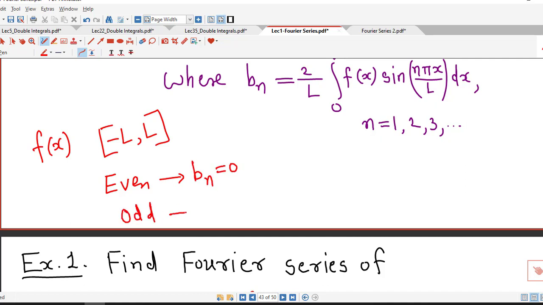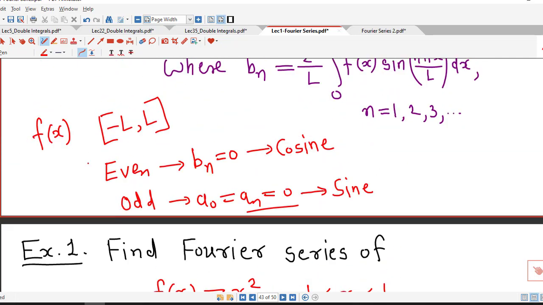If f(x) is odd, a0 and an are 0 for every n. So if f(x) is even, Fourier series will contain only cosine terms, and if f(x) is odd, Fourier series will contain only sine terms.